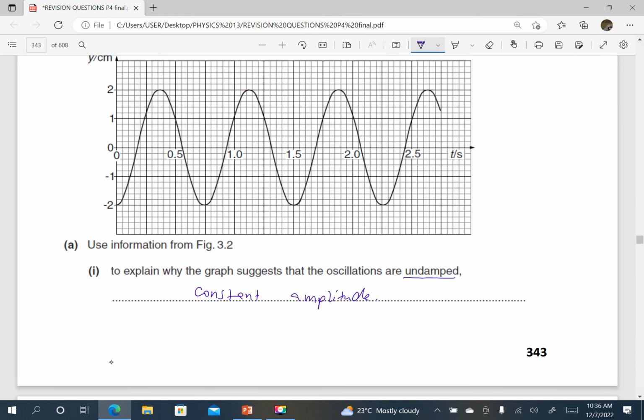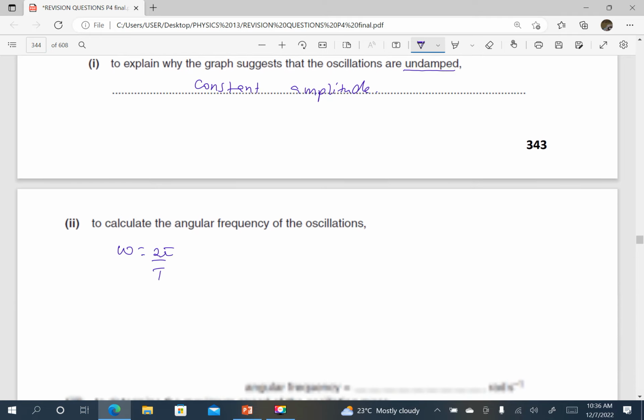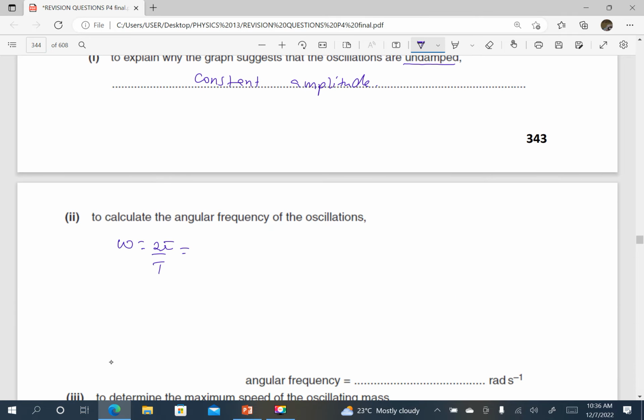So I just want a point which is perfectly aligned. If I look at this, this is the center. If I start from here, I think this is 0.75. So without hesitation, the angular frequency is going to be 2 pi divided by 0.75.